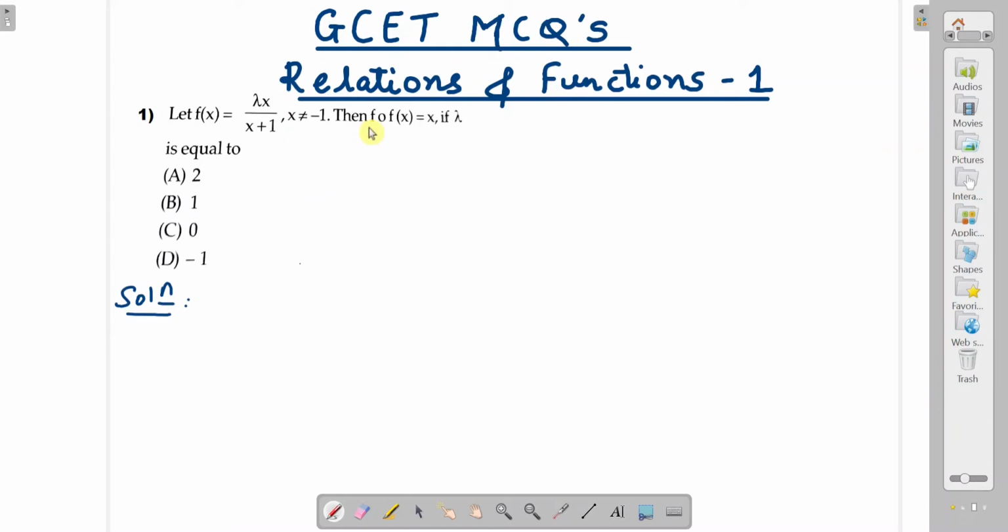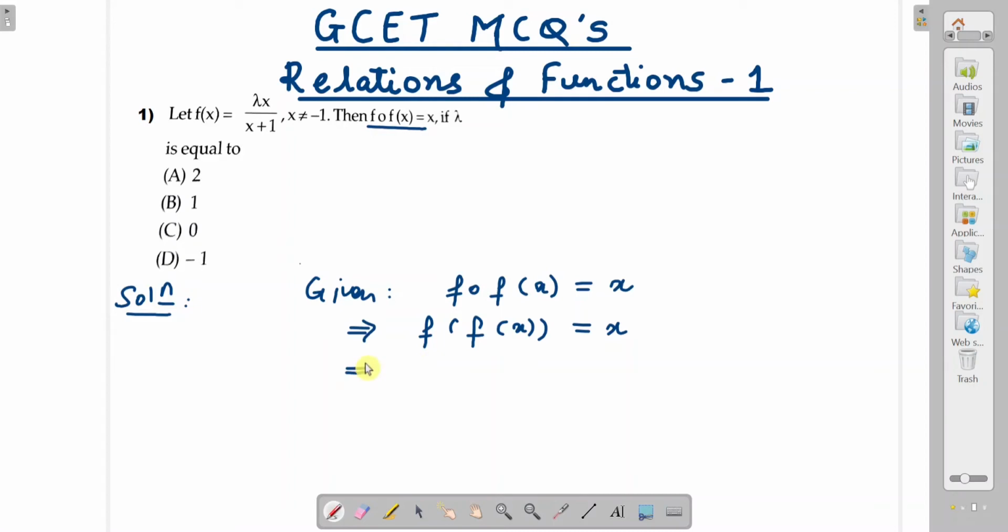Now since it is given that f composite f of x is equal to x, that we will use. So given is f composite f of x is equal to x. So this will imply f of x is equal to x.